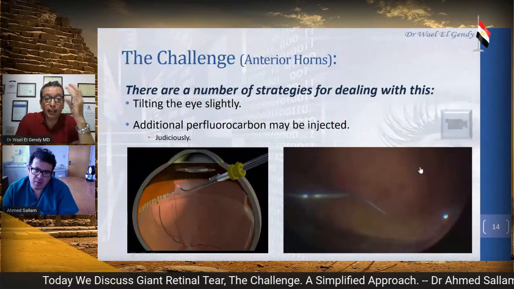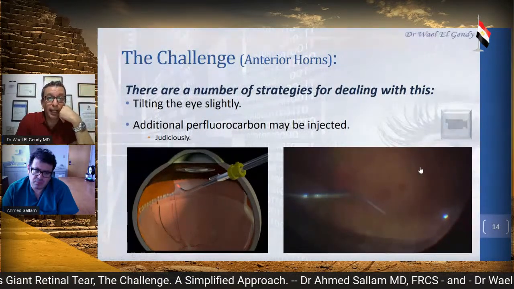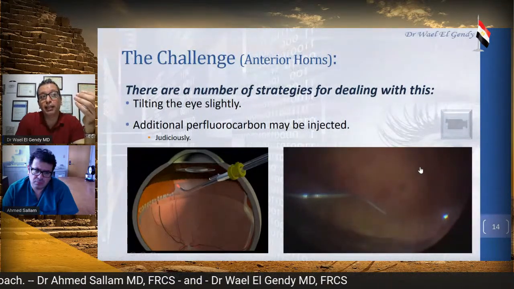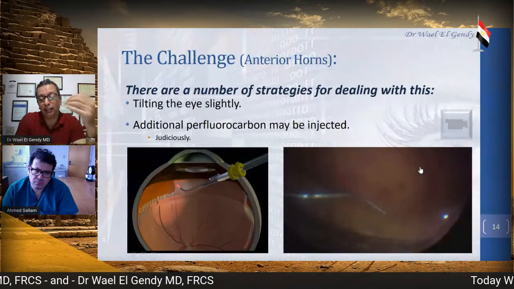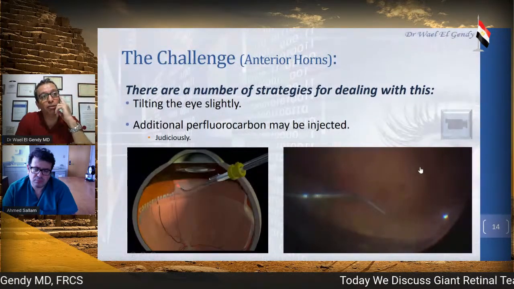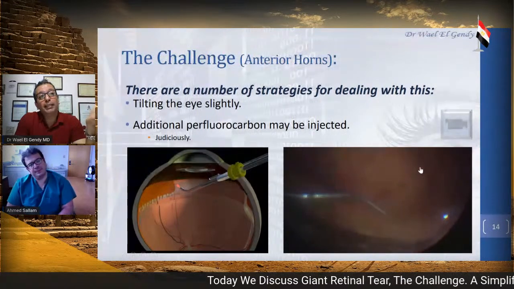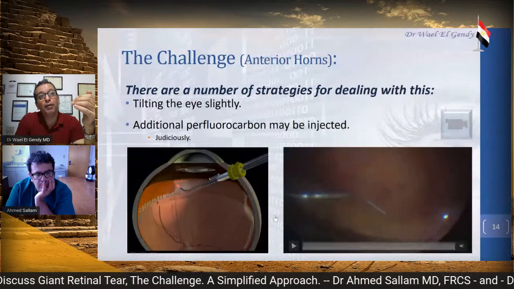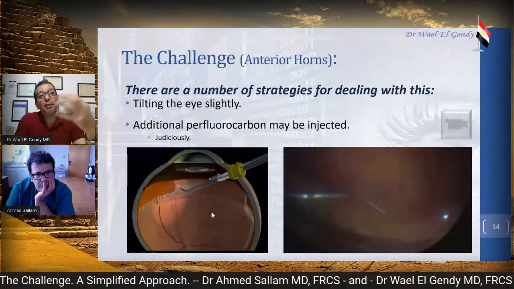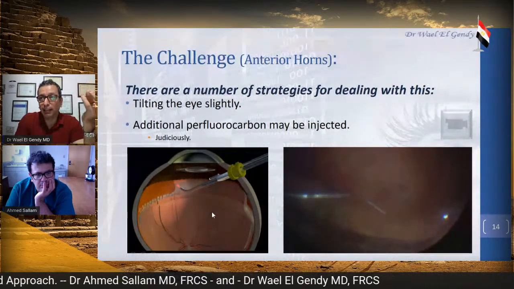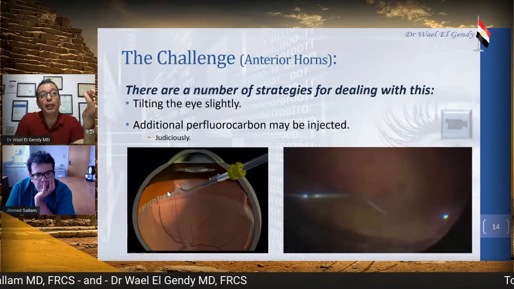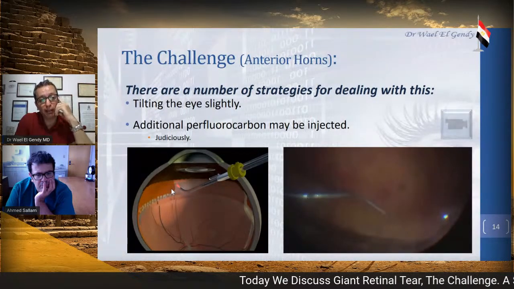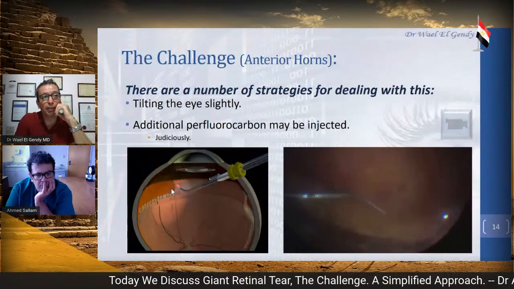I think the answer to that question is, if you have your irrigation jet open and the stream of fluid is coming into the eye, that breaks the surface tension of the PFO. That makes it go into small bubbles at the surface, which will eventually go subretinal. Even if you try to stop it, it will go subretinal, and then you end up with subretinal PFO.